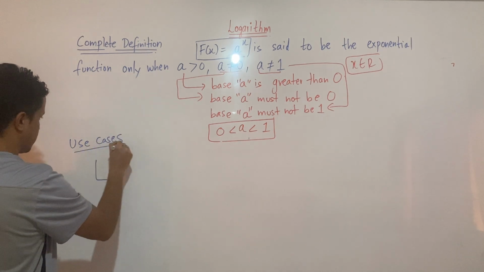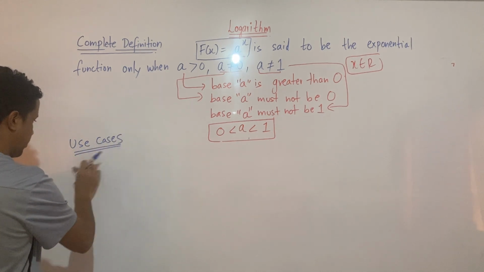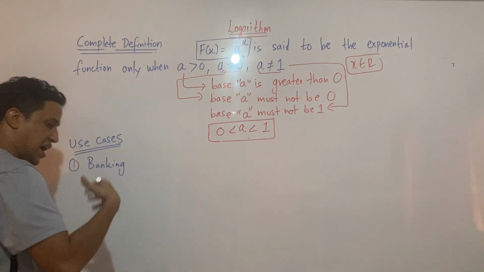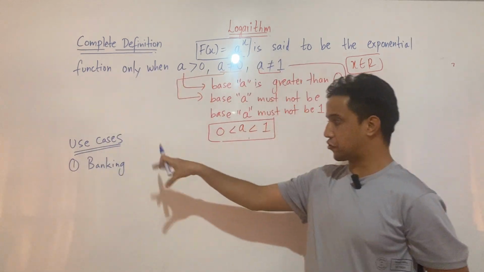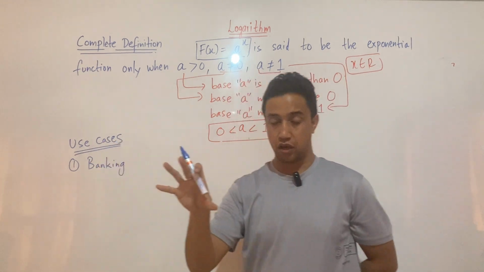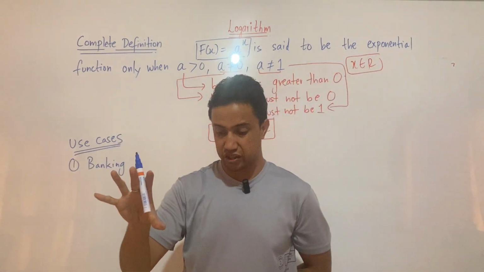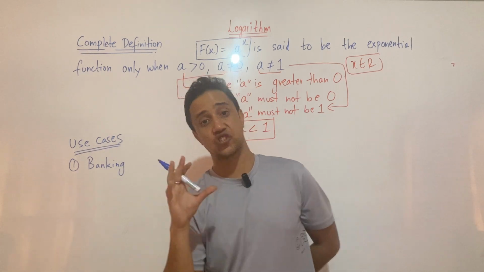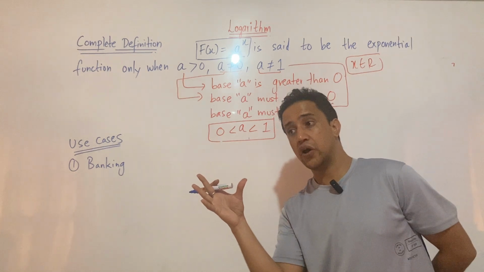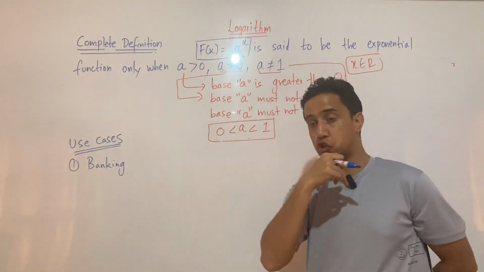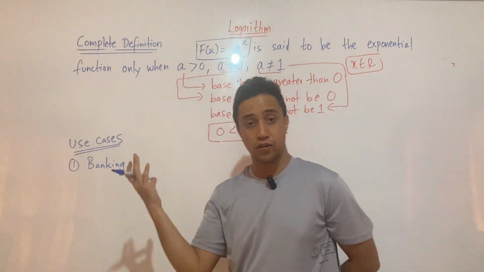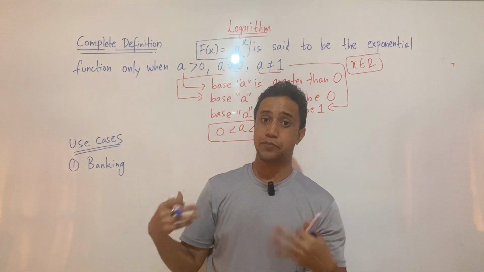The first one is banking, which basically covers all the aspects about money, or stock trading, when you trade stocks in the stock market. It also holds true for trading cryptocurrencies, because the same concept is followed there.